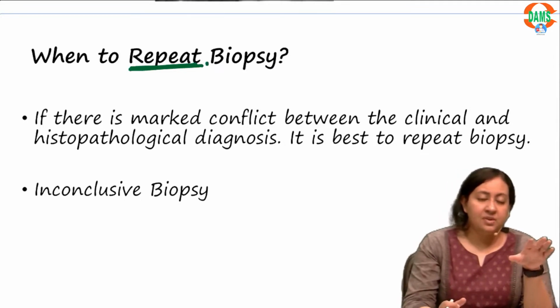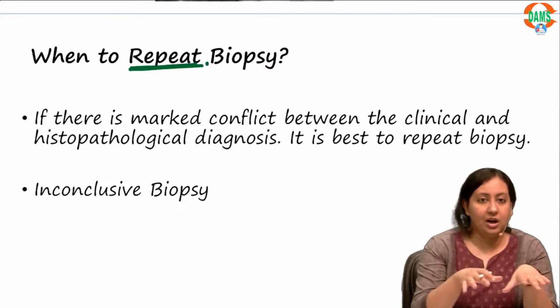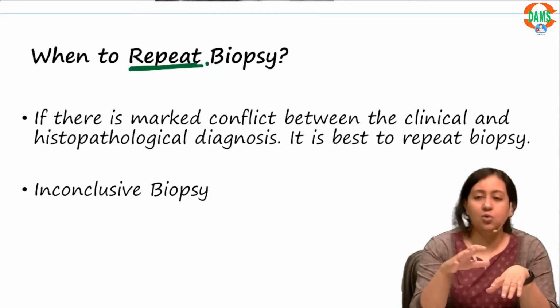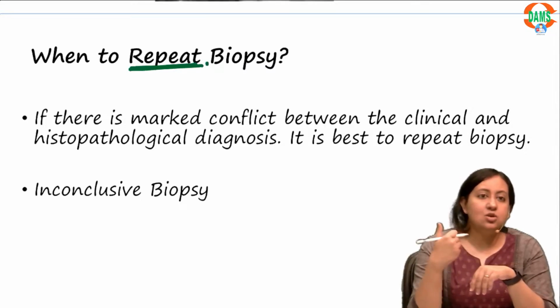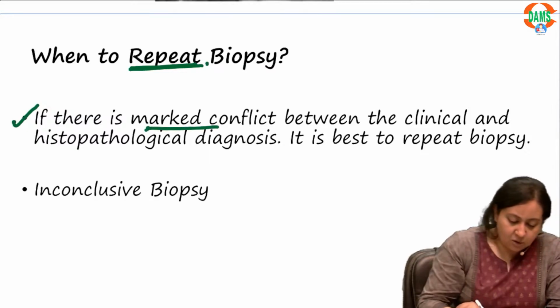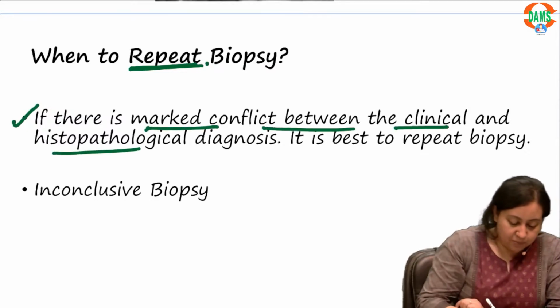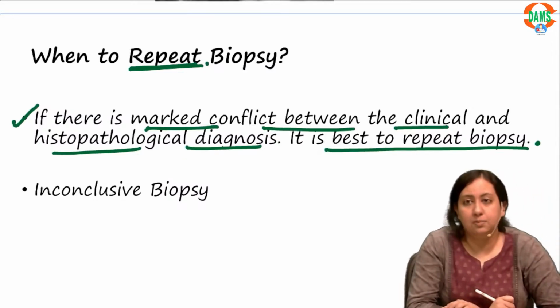So your clinical features and the biopsy report somehow don't match, and you are not very convinced with your biopsy report. In those cases, you go in for a repeat biopsy. If there is marked conflict between the clinical and histopathological diagnosis, it is best to repeat the biopsy.